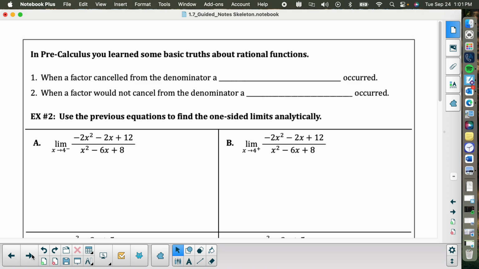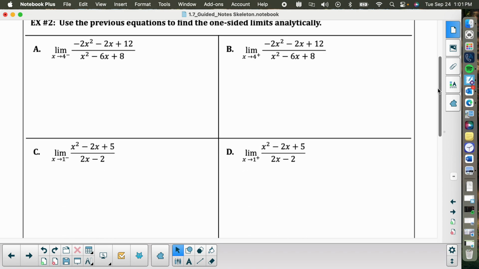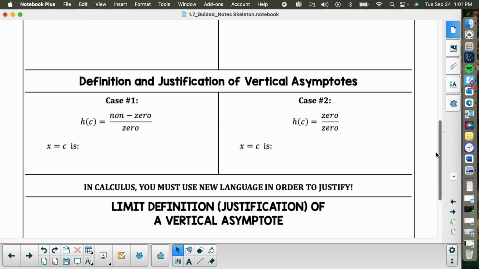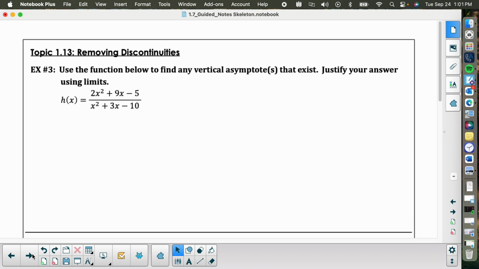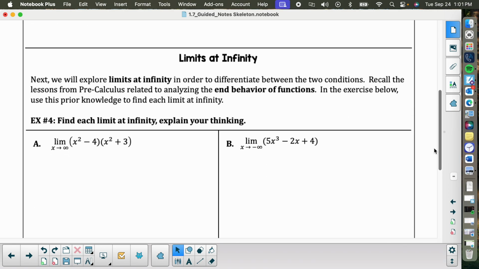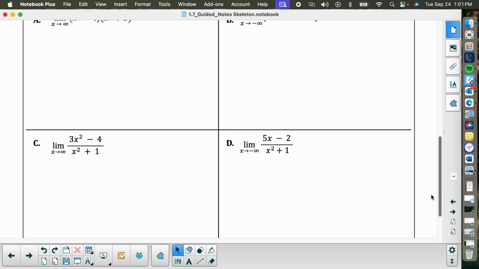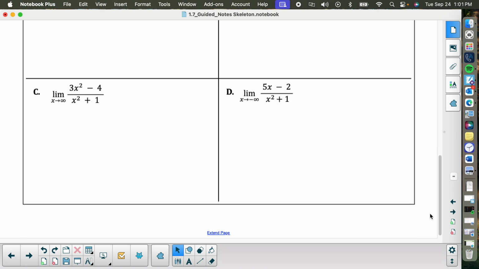Find infinity. Here we go. This is page 59, at the bottom.